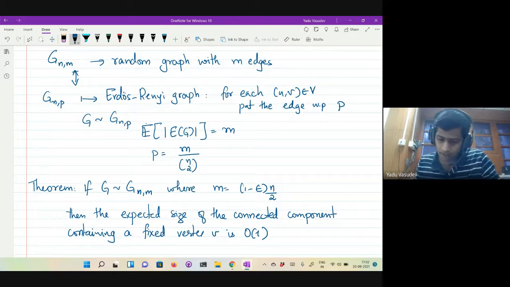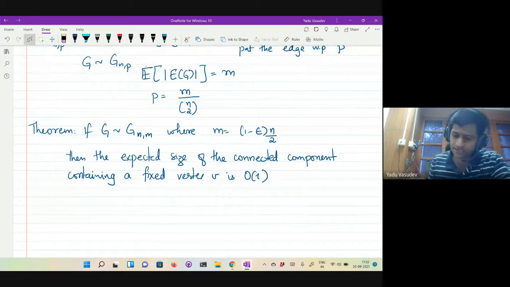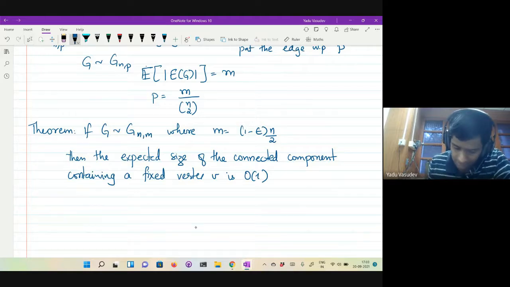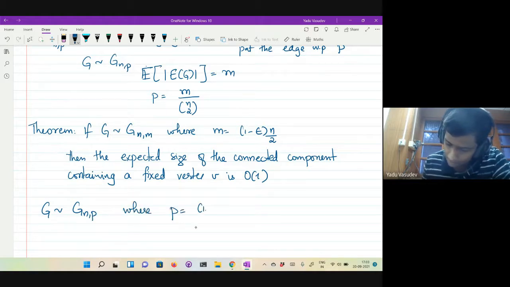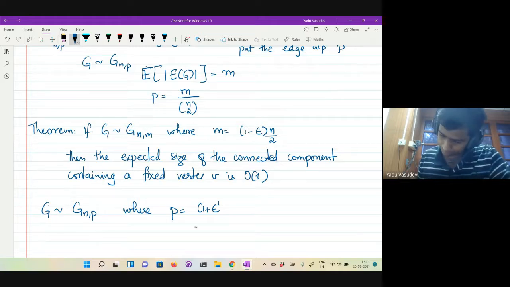Towards this, what we will do is, instead of studying this graph generated from G(n, M), we will look at the graph G that is obtained from G(n, p), where p is something like (1 plus epsilon prime) times M divided by n choose 2.